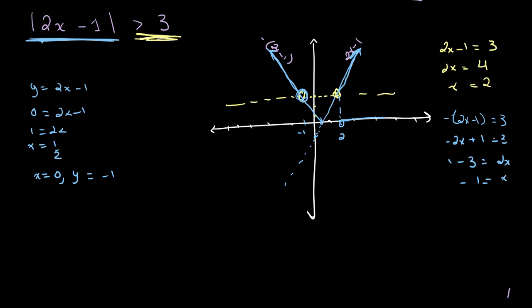So all of these values and all of these values. So through this, we can say that x will either be greater than 2 or x will be less than negative 1. So what we basically just did is we graphed the absolute value of 2x minus 1 and looked at all of the points where it was greater than 3.